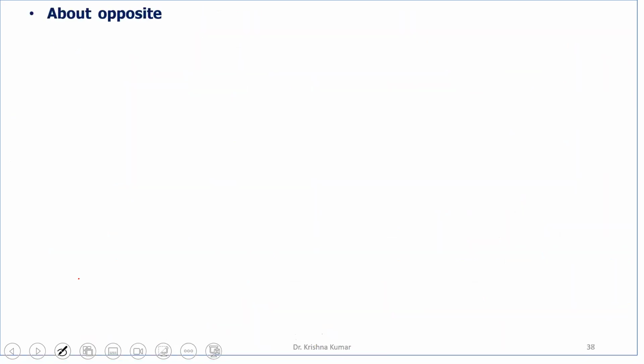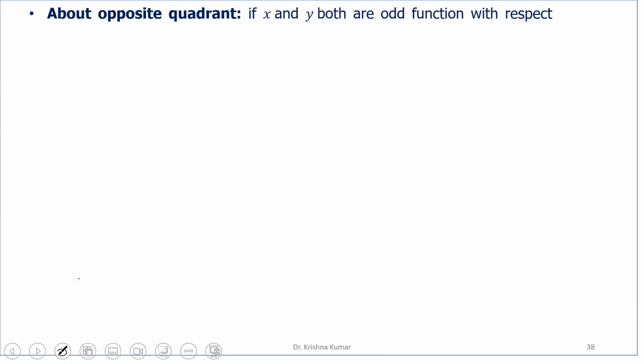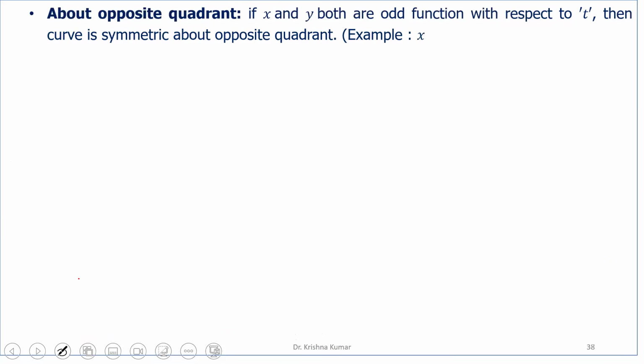The third symmetry is about the opposite quadrant. If x and y both are odd functions with respect to t, then the curve is symmetric about the opposite quadrant. For example, x equal to ct and y equal to c by t.